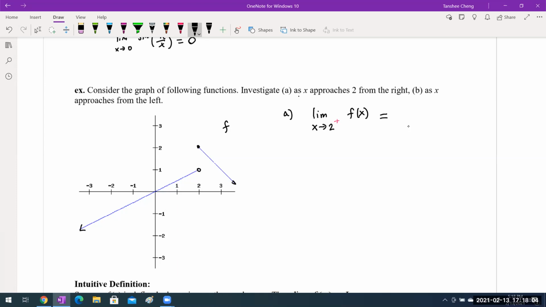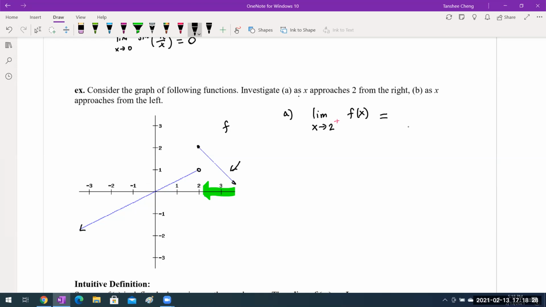And that's where we look at this, right? As we move the x value closer and closer to 2 from the right side, how is our graph reacting? From the right-hand side, we are talking about this portion of the graph, not that one, right?